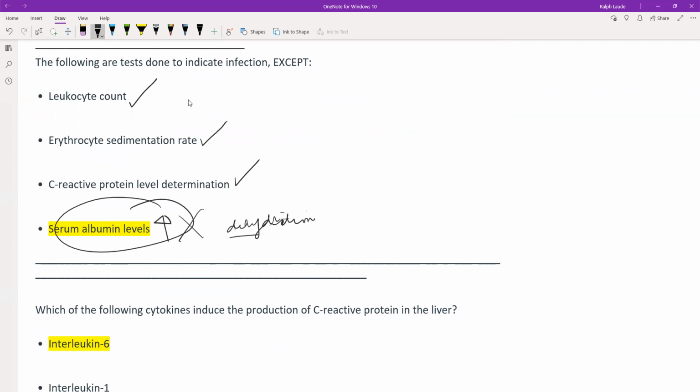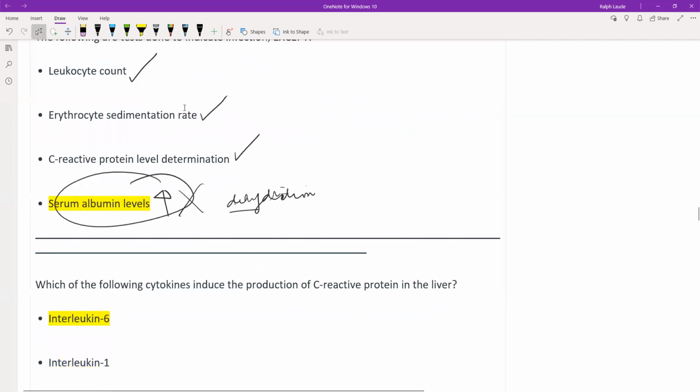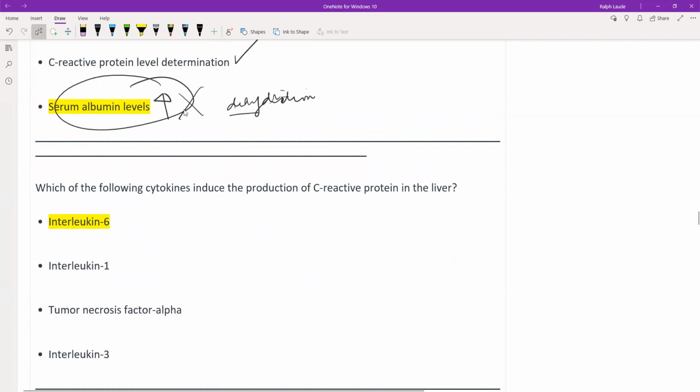Although albumin is not only for dehydration, there could be underlying protein problems in the body that could lead to a need for determining the levels of albumin in the blood of the patient.